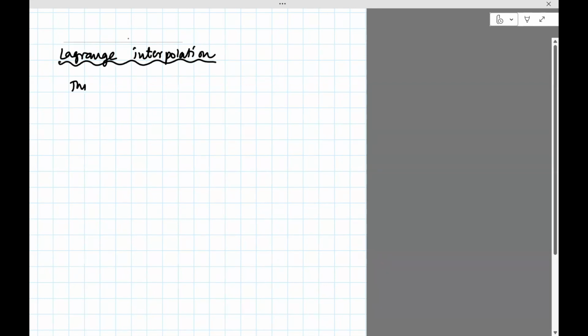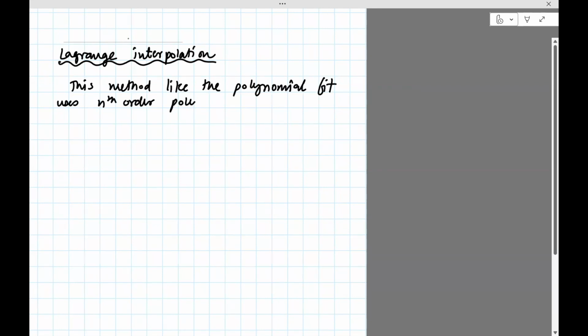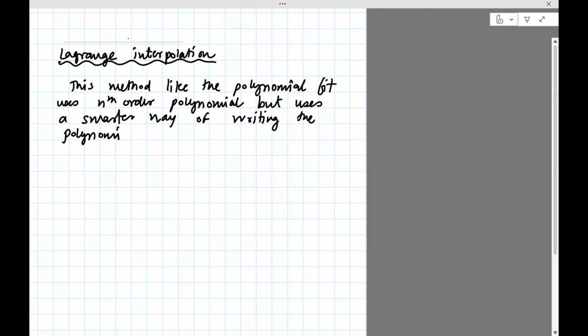Okay, so this method, like the polynomial fit, uses nth order polynomial, but uses a smarter way of writing the polynomial that avoids the computation of the inverse.